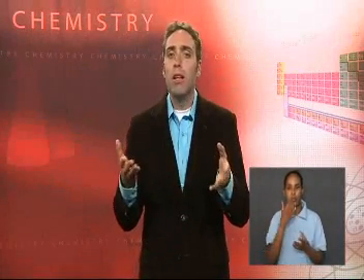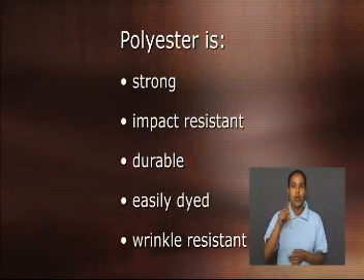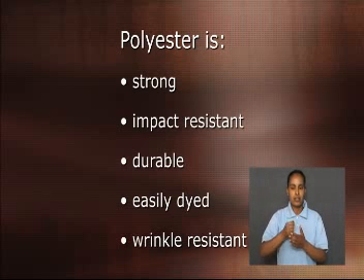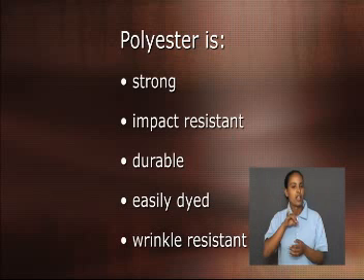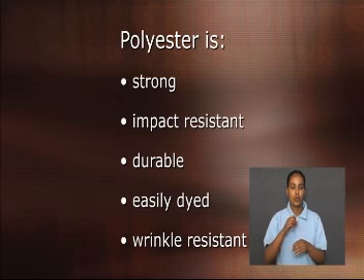Most common polyesters are thermoplastic polymers. Polyester is strong, impact resistant, and is chiefly used for synthetic fibers. Blending it with cotton yields fabrics that are durable, easily dyed, and wrinkle resistant.